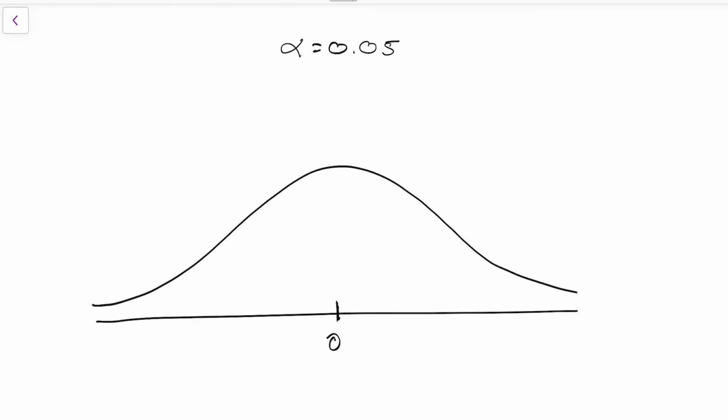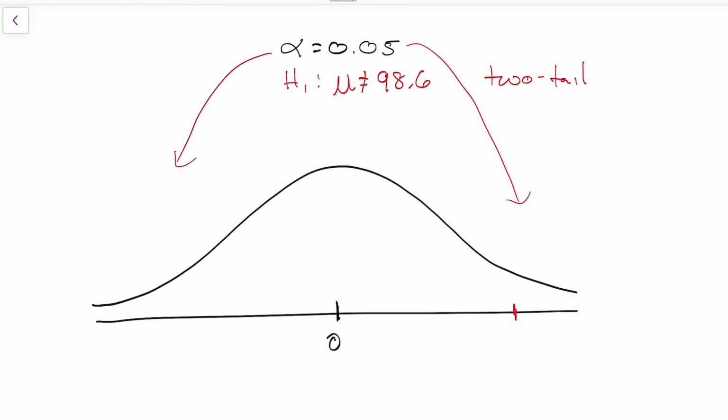Again, this case is unusual because our alternative hypothesis is that the mean is not equal to 98.6. And as stated, this will yield a two-tailed test. So we take our whole significance level of alpha being 0.05 and we split it between two tails.